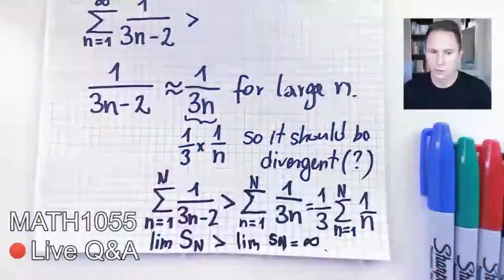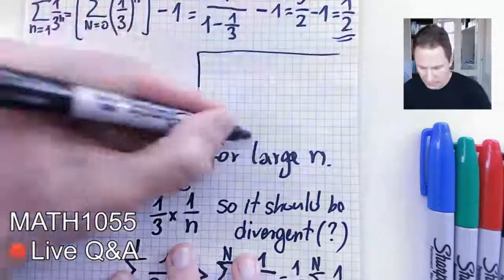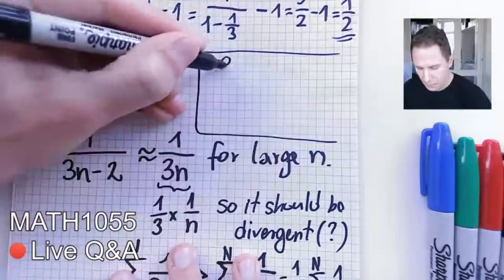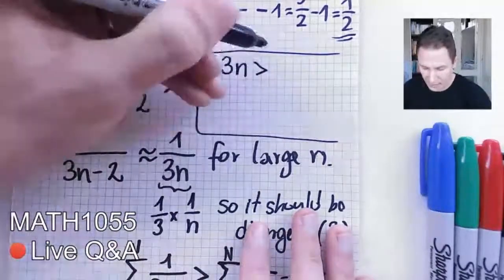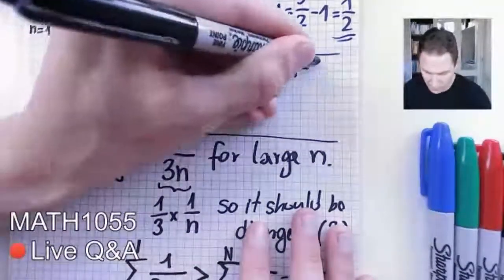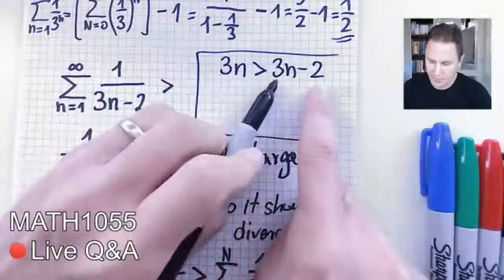Okay, so let me just go back then again and try to say it again, but a bit slower maybe. You got the answer? Okay, so the idea is that 3n, multiples of 3, are greater than multiples of 3 minus 2, right? So this number is greater than this number.